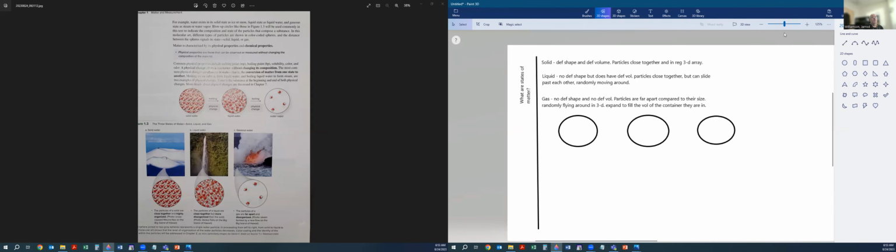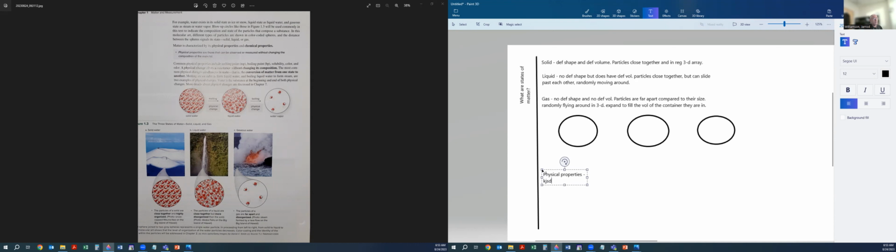And then over here, we have some more stuff. We have the difference between physical properties and chemical properties.